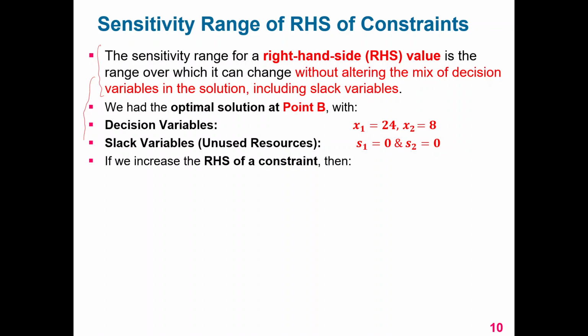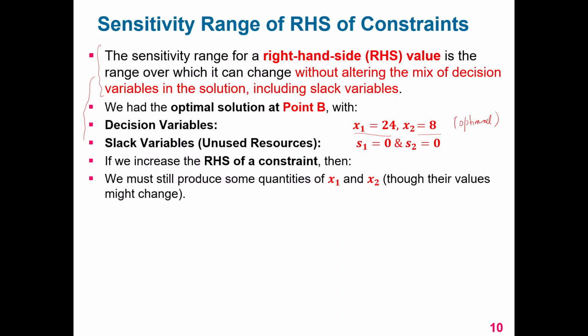then there was some quantity of x1 that is 24, x2 equal to 8 in our optimal solution. When we make a change in the right hand side, then after making this change, we must still produce some quantities of x1 and x2, although their values will be different because now we'll be having different values of resources like labor and clay.